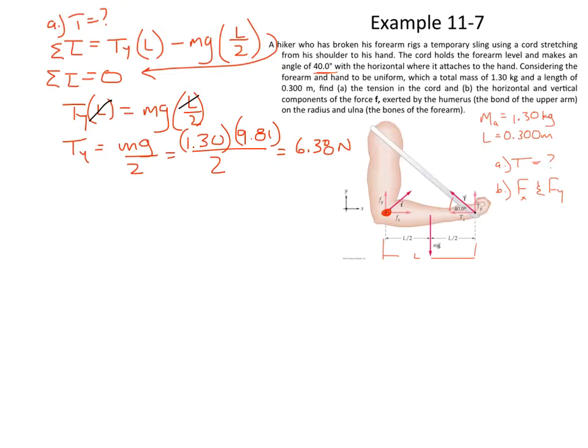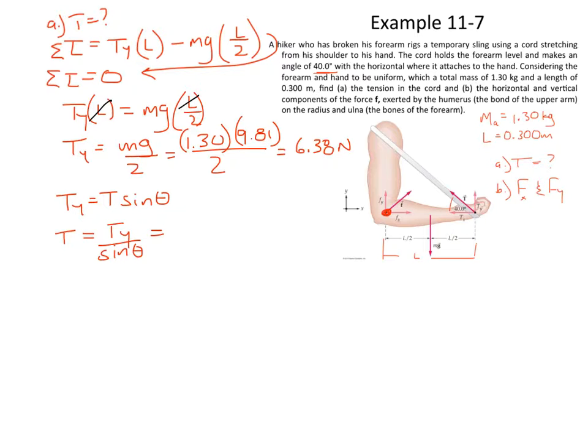We want our T. We know that Ty equals T, the full magnitude of T, times the sine of the angle theta right there, and we know that theta is 40 degrees. So T is going to be Ty divided by the sine of theta.